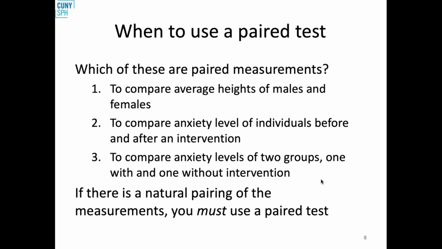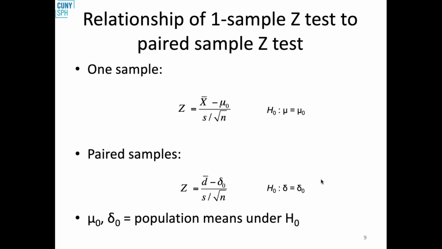It's 2, not 2 and 3, just 2. Anxiety levels are in two groups, one with and one without an intervention. If it had been the same group, the same group before and after intervention, in other words, the same people, it would have been 3. But in this case, only 2 is the only one that has the measure as the same person before and after an intervention. It's a little bit sneaky, the way 3 is worded. I have to agree with you on that.